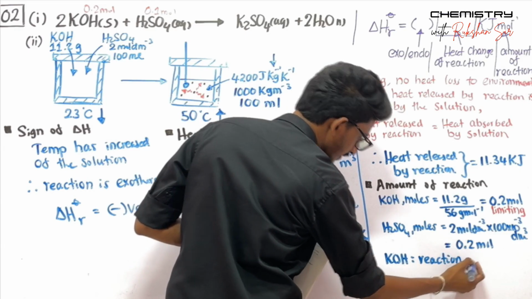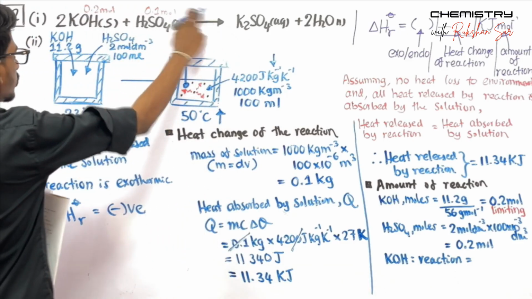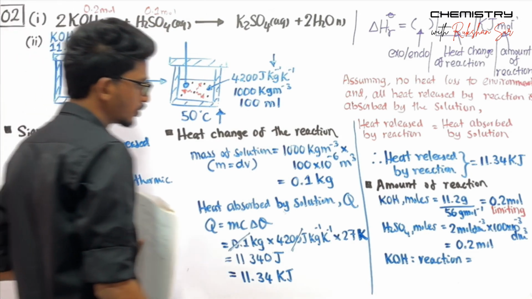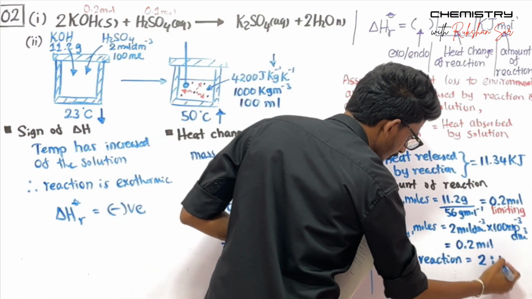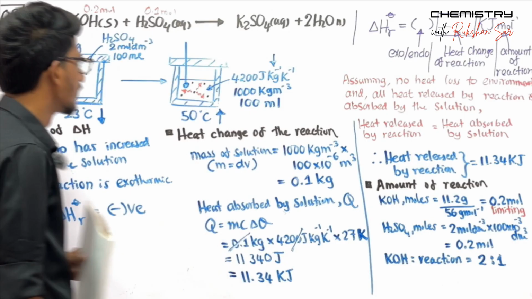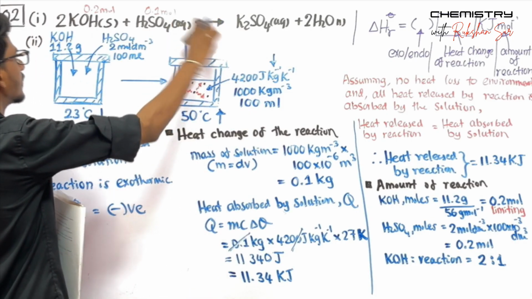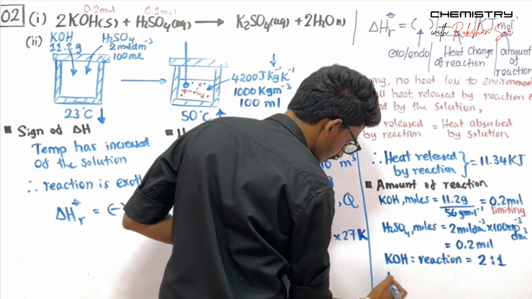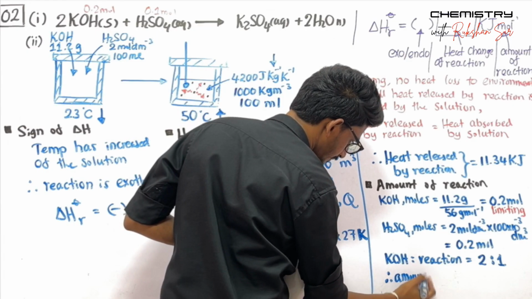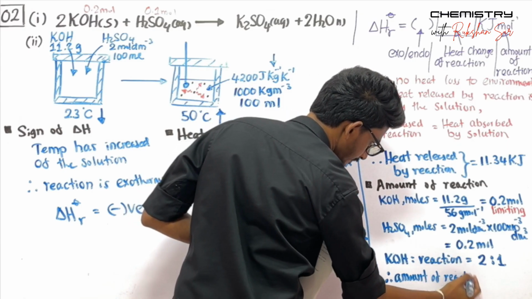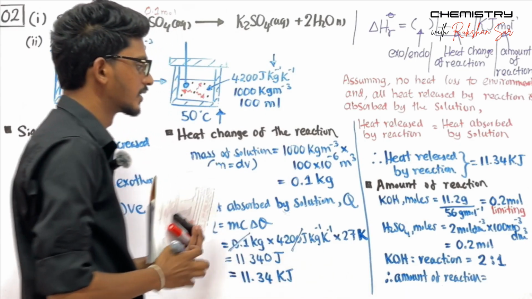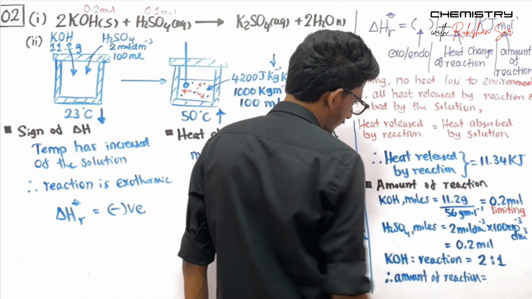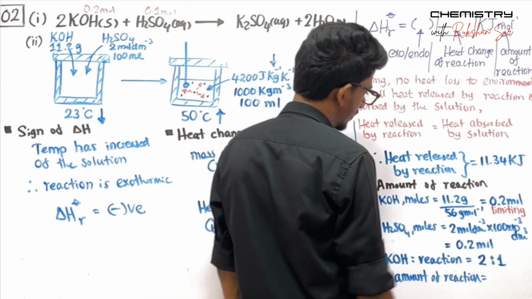KOH to the reaction is 2 to 1. When 1 time of reaction happens, 2 of KOH will be consumed. So the amount of reaction is half times the KOH amount.